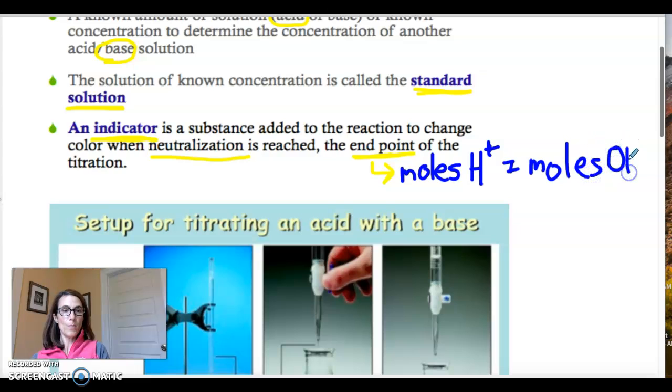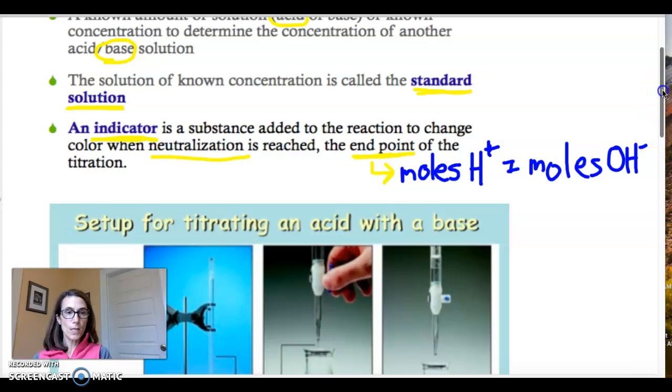Remember, it is the concentration of H+ ions that makes something acidic, and the concentration of OH- that makes something basic. So if you're able to get all of those H+ ions in solution to bond with all of the OH- ions in solution, they form water and it becomes neutral.